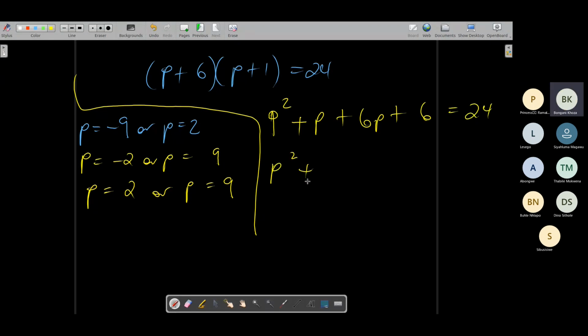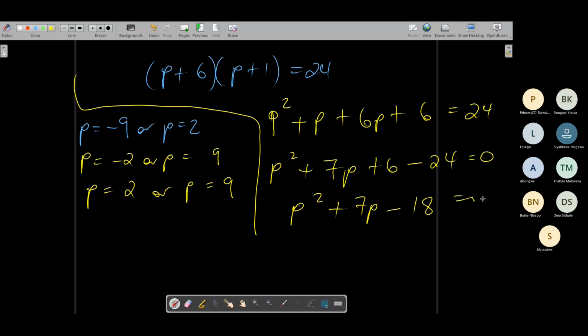So it will be P squared plus 7P plus 6 minus 24 equals to 0. So this is just P squared plus 7P, and this is minus 18. So we look for factors here of 18, which would be 18 and 1, 2 and 9, 3 and 6. So we're looking for the one that will give us a 7. I think a 7, we get it here.